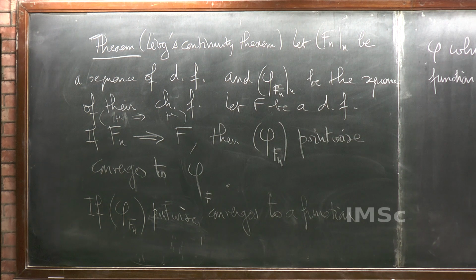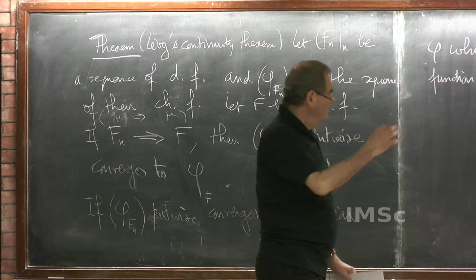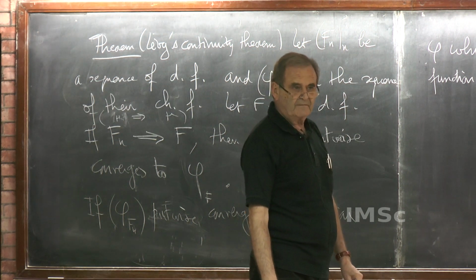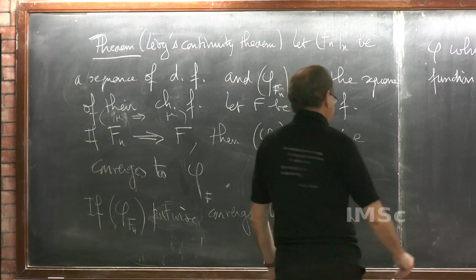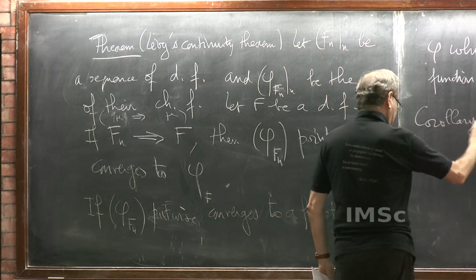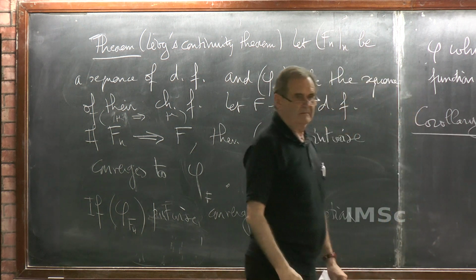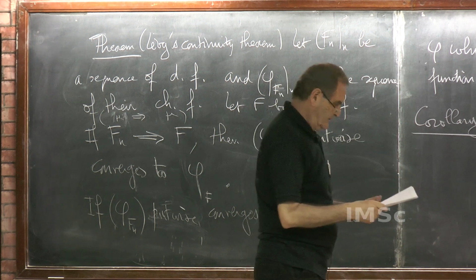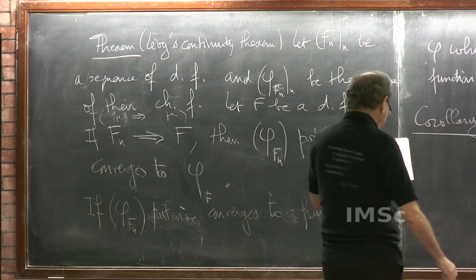So now we are back to what is of interest for us, which is arithmetic functions. Corollary, which is what is of interest for us, and we stop here this part.